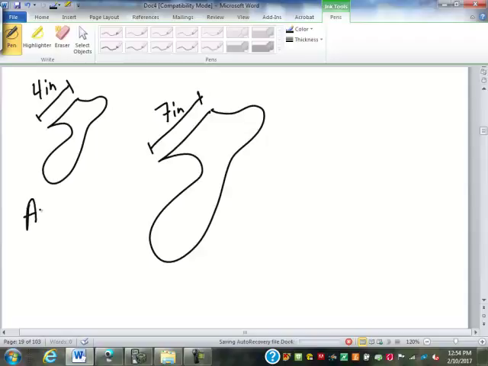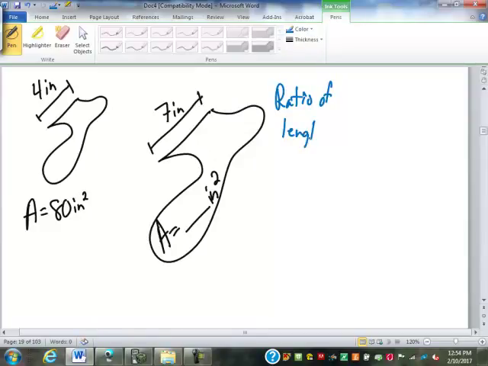And I somehow managed to find out that the area of this is 80 square inches. And I want to know the area of this. Now, what is my ratio of lengths? 4 becomes 7, right?